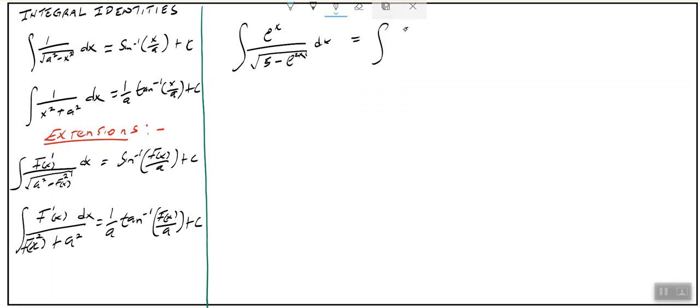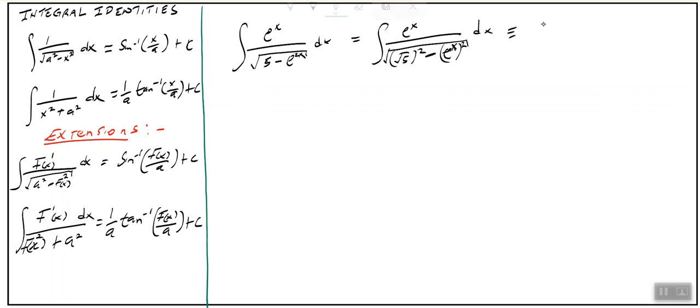So I have the integral of e to the x. Here I can rewrite 5 as square root of 5 squared, so my a is square root of 5, minus e to the x all squared dx. So by comparison with this, let me write it up here.